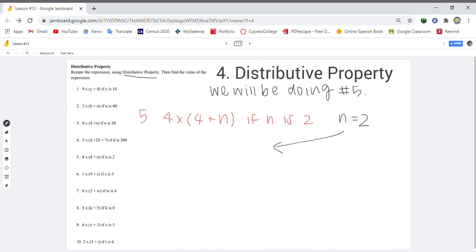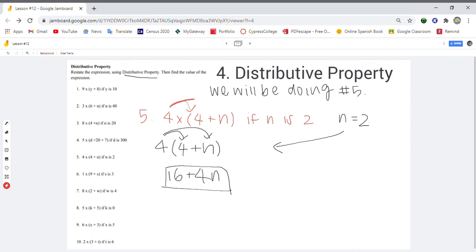So it's 4 times 4 plus n, and they want us to distribute. Distributing is where you multiply to each term inside the parentheses. So 4 times 4 is 16, so we write 16 here. And then we do 4 times n, which is 4n, so 16 plus 4n. And so we restated the expression using distributive property.